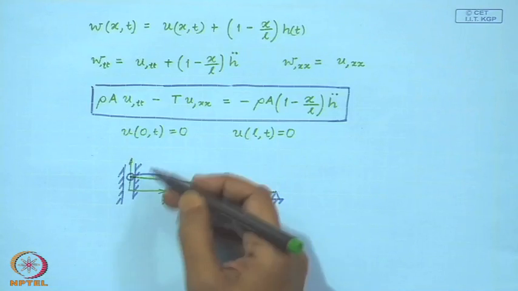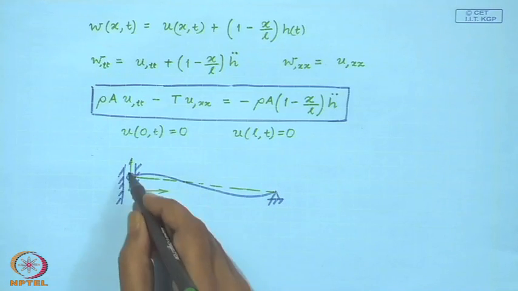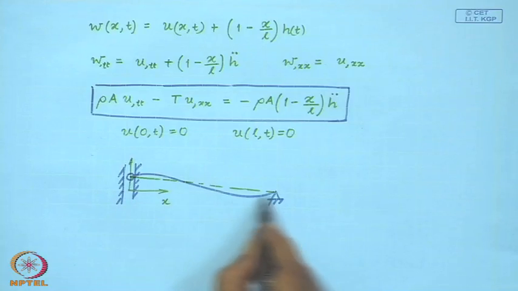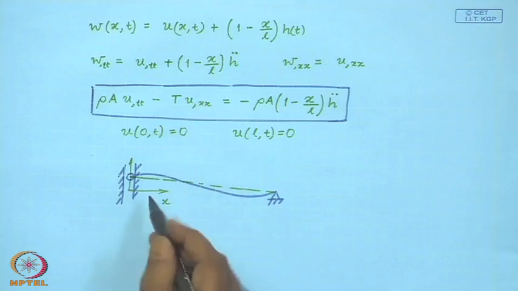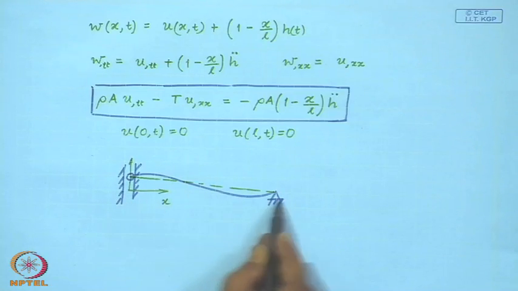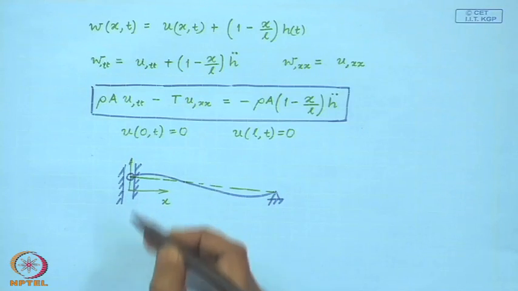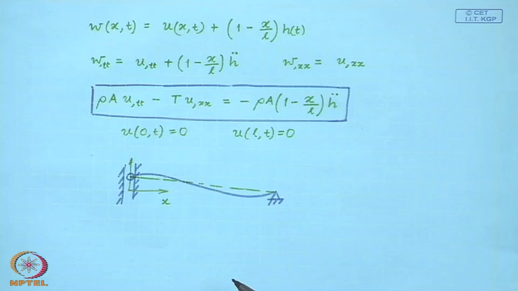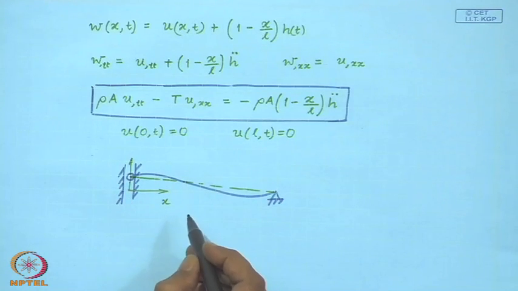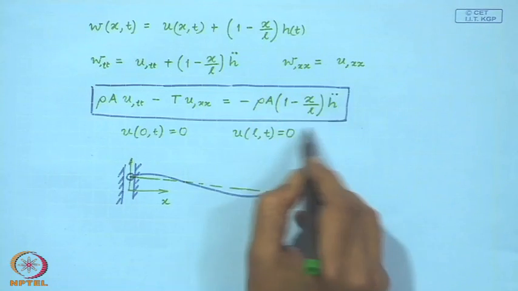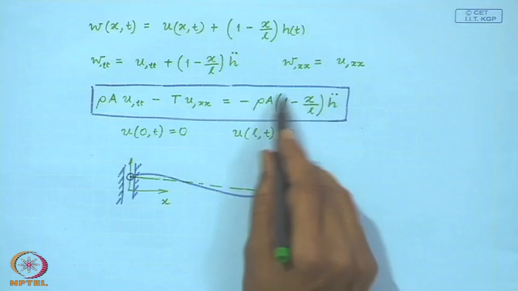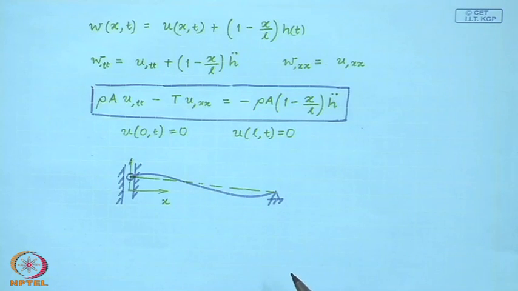If h is periodic, or even otherwise, this line would be moving, and this will be a non-inertial frame in which we are expressing the equation of motion. As soon as we go to a non-inertial frame, we have the inertia force, which is essentially coming on the right hand side of this equation of motion and making it non-homogeneous.